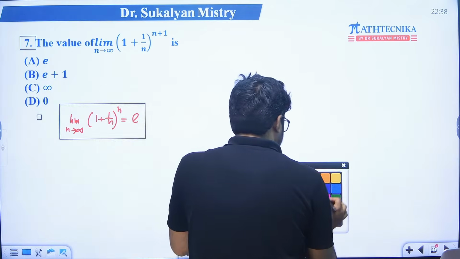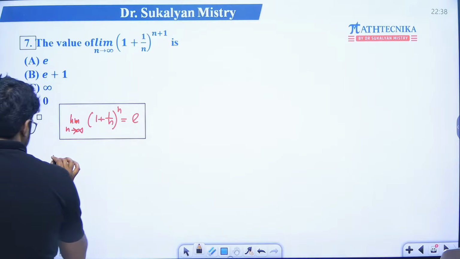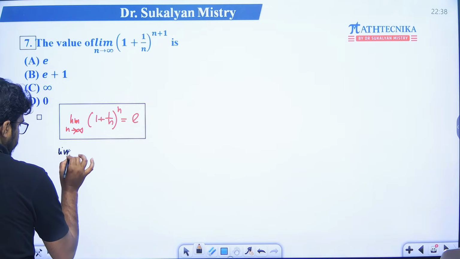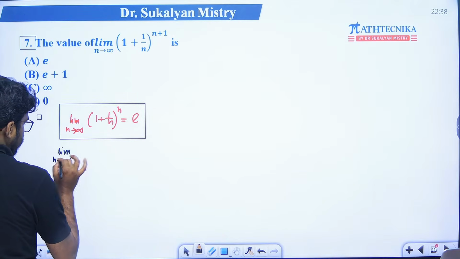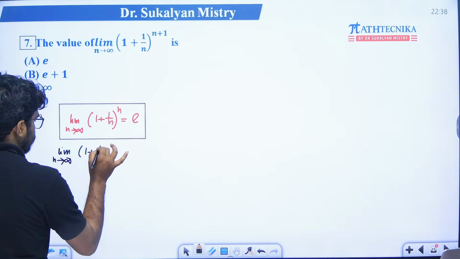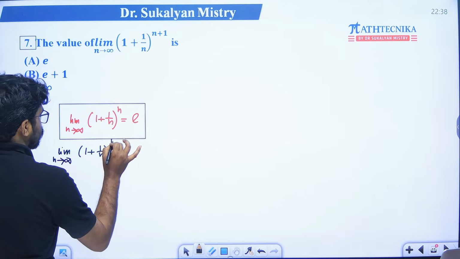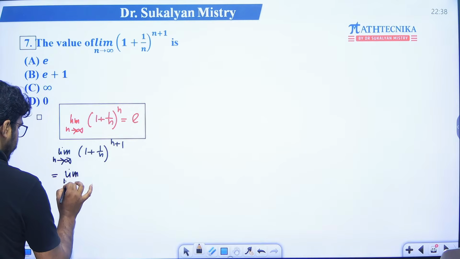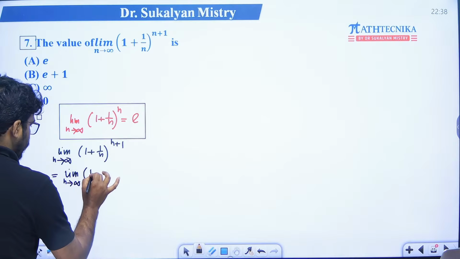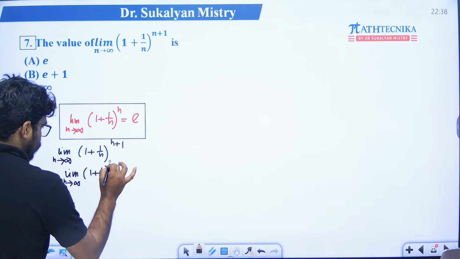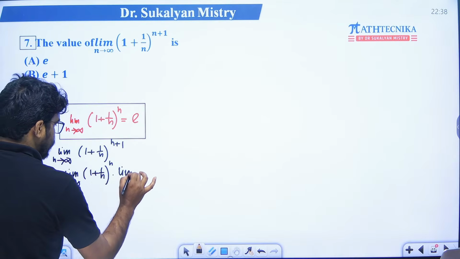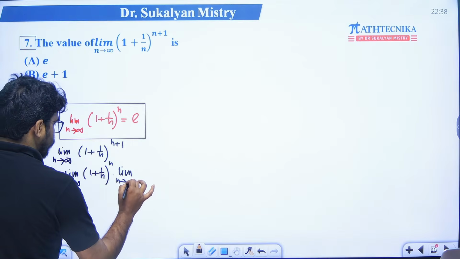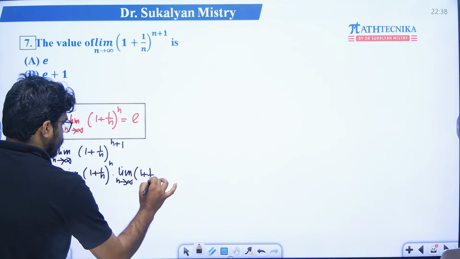Here we have to calculate limit n tending to infinity of (1 plus 1 by n) to the power n plus 1. So this can be written as limit n tending to infinity of (1 plus 1 by n) to the power n, into limit n tending to infinity of (1 plus 1 by n).